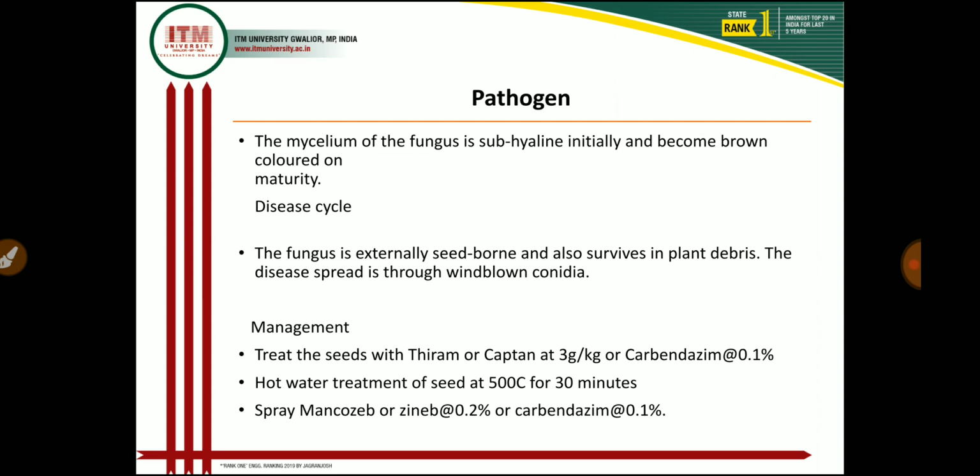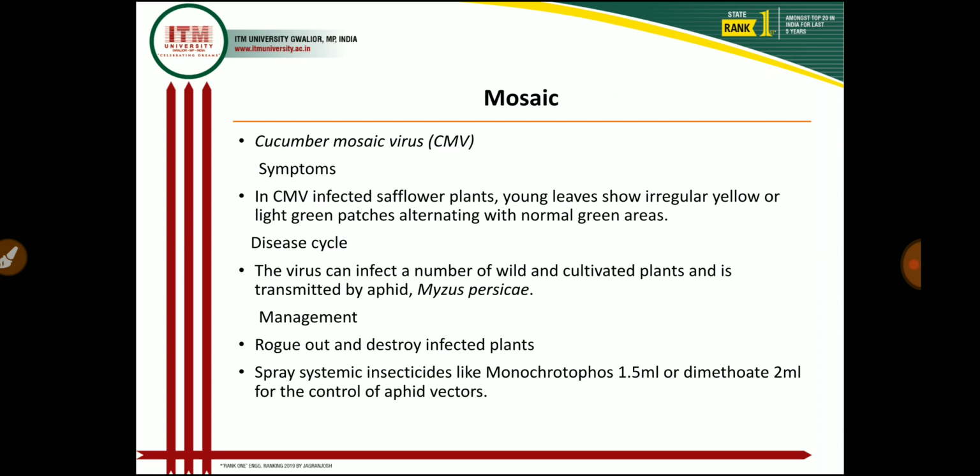If we spray mancozeb or zineb at the rate of 0.2%, or carbendazim at the rate of 0.1%, by these sprayings of fungicide, we control this leaf blight disease in the safflower crop. So these are the management practices for controlling the leaf blight of the safflower crop.